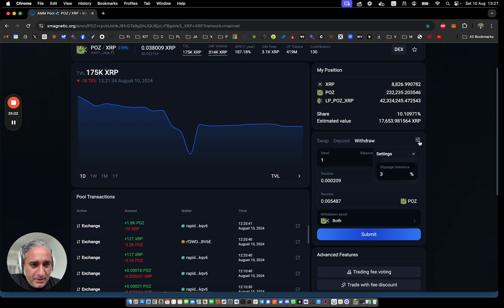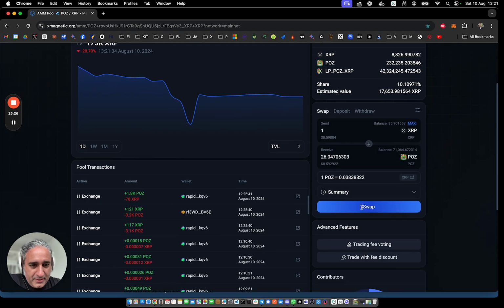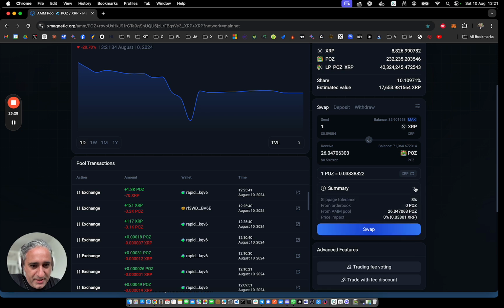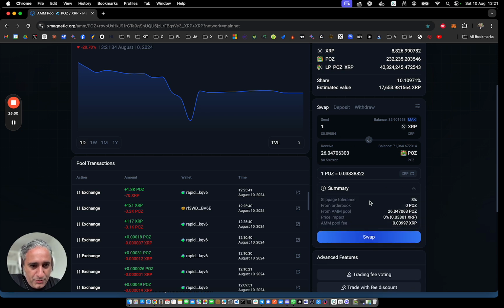I think, oh yeah, I didn't go over this actually. There is some useful information in the summary here. When you're about to swap, you get some information on the maximum slippage tolerance. Depending on the conditions at the time that you make a trade, you may not receive the exact amount of POS or XRP in the swap.